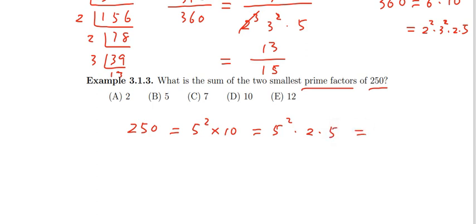So this equals 2 times 5 cubed. So the prime factors are 2 and 5, just the 2 prime factors.